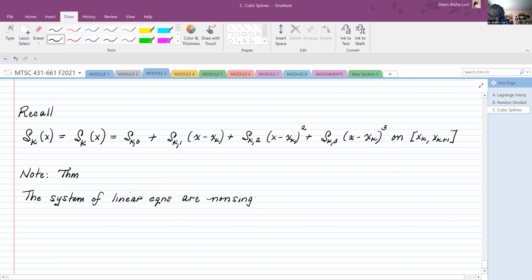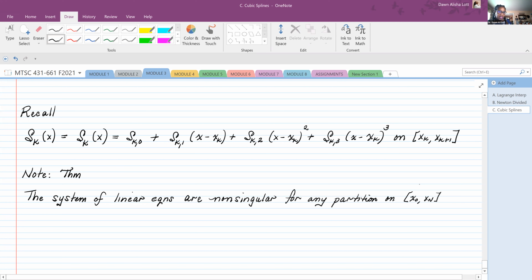So therefore, the matrix is invertible, so you'll definitely get a solution for any partition.